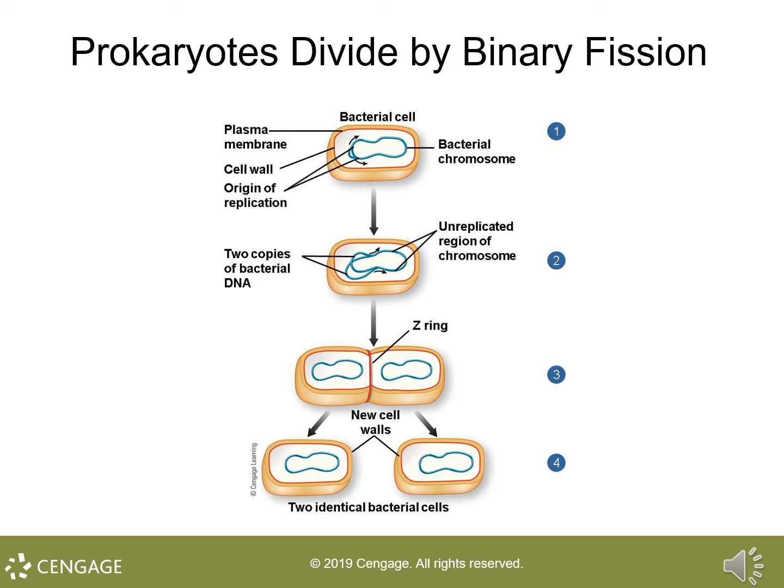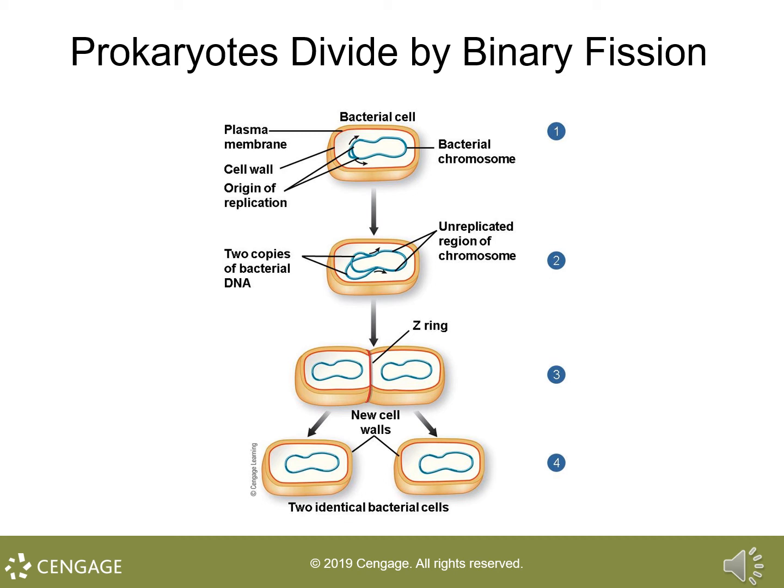So binary fission is a precisely orchestrated sequence of events that ensures that each bacterial daughter cell has identical genetic material. And the bacterial chromosome is much longer than is depicted here in this picture, and it's tethered to the plasma membrane at one spot, which we also don't see here. And so in binary fission, DNA replication begins at a single site on the bacterial chromosome, and replication continues as replication enzymes work in both directions from the site where replication began.